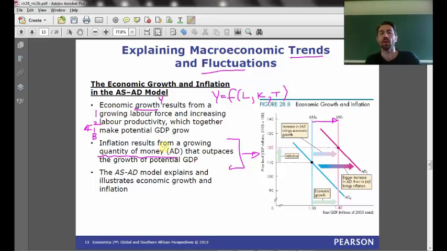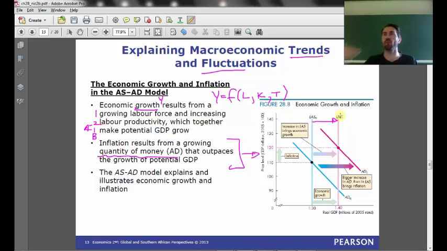Okay. So, yes, one of the things that can shift the AD to the right would be a growing quantity of money. Now, if in this example the growth in the money supply was greater, in other words, the aggregate demand curve shifted by more than the long-run aggregate supply curve shifted. So if our aggregate demand is increasing faster than our supply is increasing, in other words, we want more goods and services.